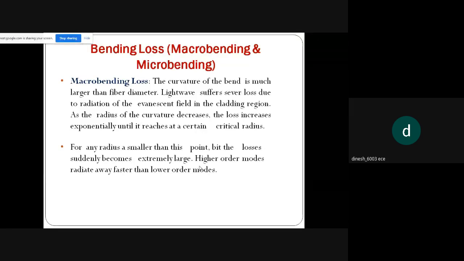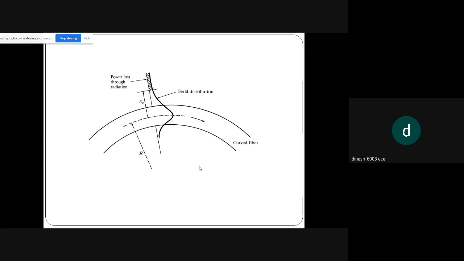So the curvature of the bend is much larger than the fiber diameter. So what is that bend? Is this? So this is your bend. So this is your optical fiber. It is being bent.